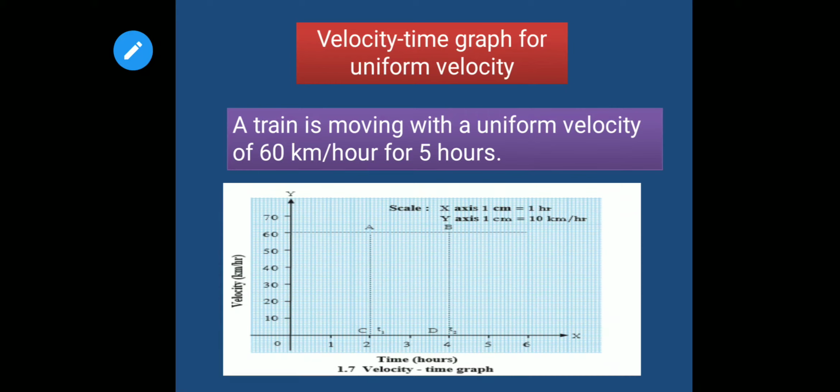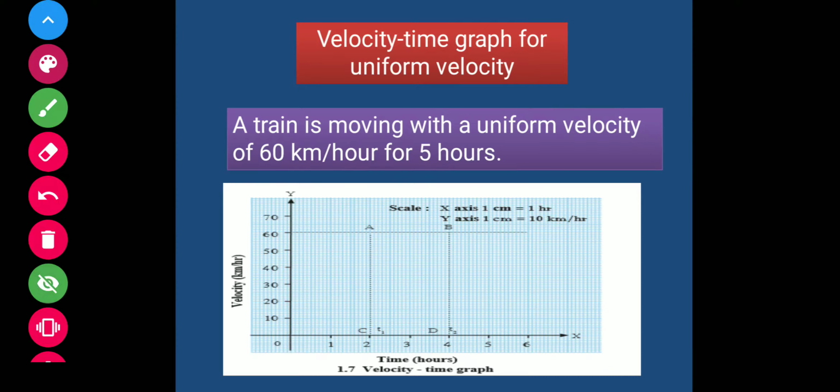From the graph, it is clear that if we draw the time velocity graph for uniform velocity, the graph will be a straight line parallel to the x-axis, because velocity is constant throughout the time. You can see here, the graph will be a straight line and parallel to the x-axis.